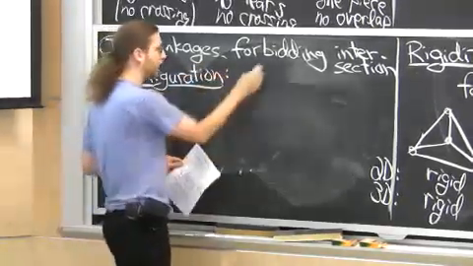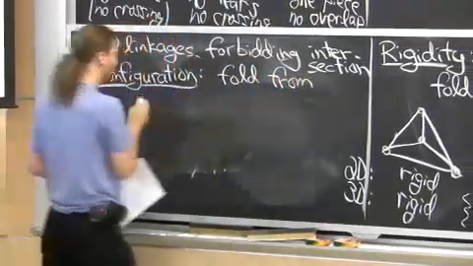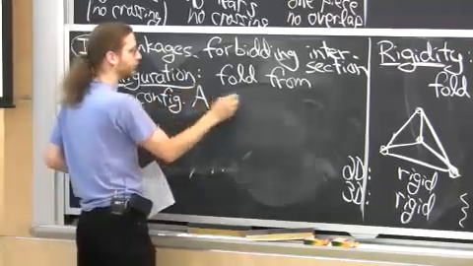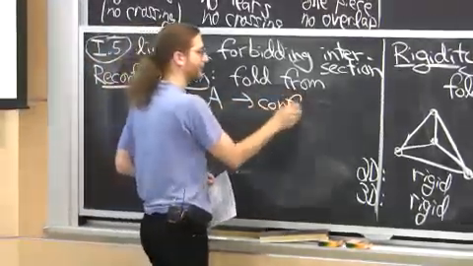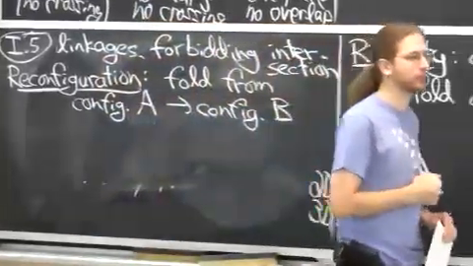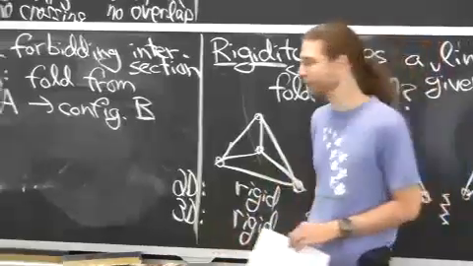Let's say I want to fold my robotic arm from one configuration that I know, call it configuration A, to some other configuration, B. When is that possible? Can I go from A to B? Can I go from some other A prime to some other B prime?